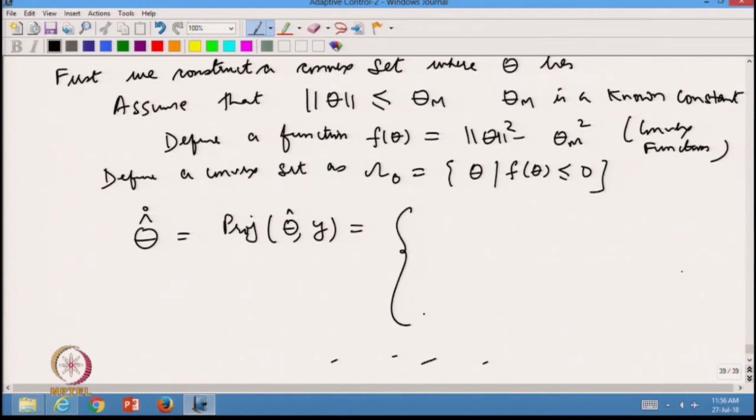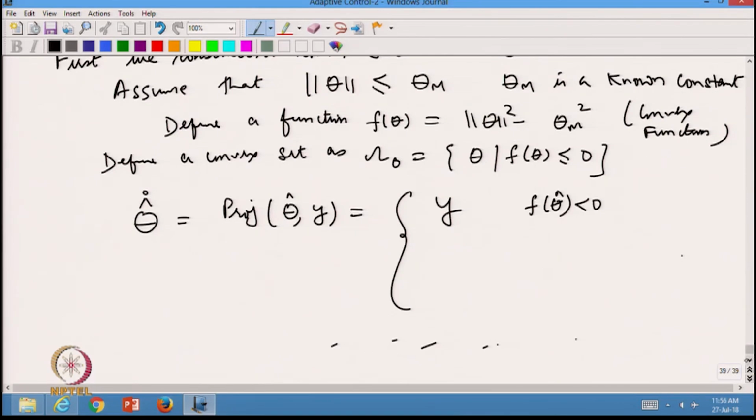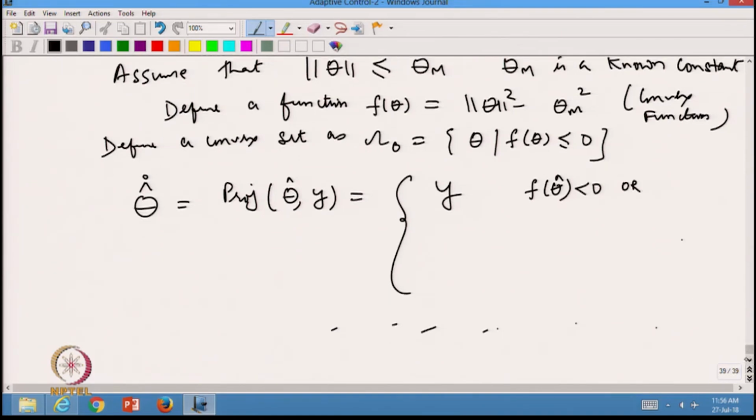so now we have the different cases. We have theta hat dot equals y, which is derived from the Lyapunov analysis. This is the case where your estimate lies within the convex set, which is f of theta hat less than 0, or if it lies on the boundary, then the dot product of y and the gradient evaluated at theta hat is less than or equal to 0.